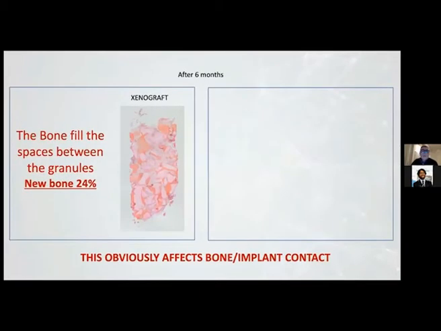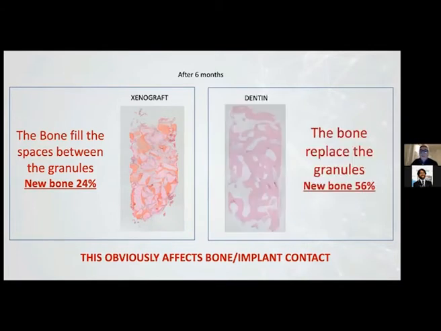So what changes if you have the same situation, for example, socket preservation after 6 months? On the left side, we have the image we have seen before, and on the right side, the same situation after 6 months, using only dentin. In this case, we have 56% of new bone after 6 months.